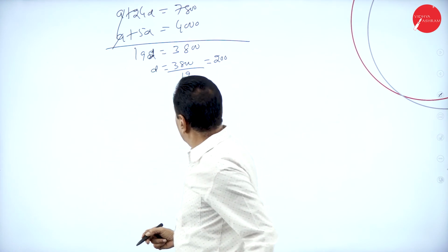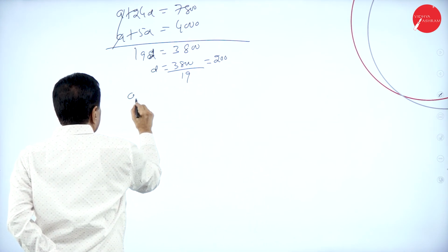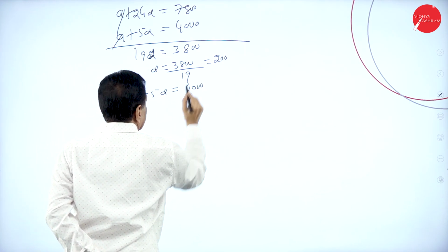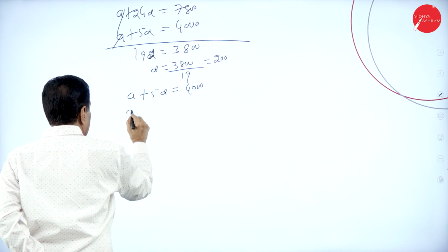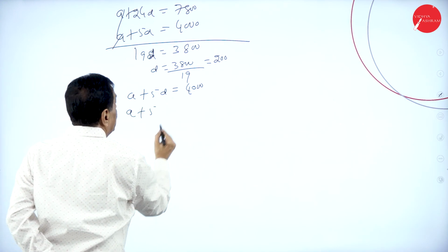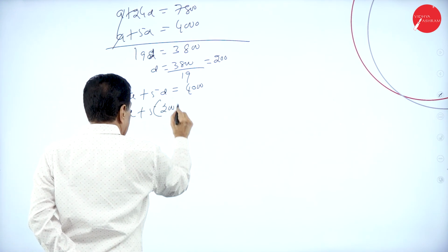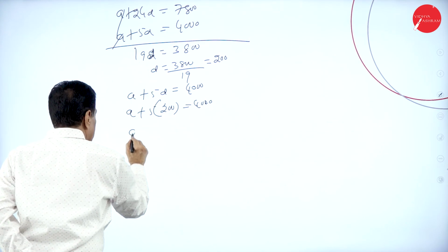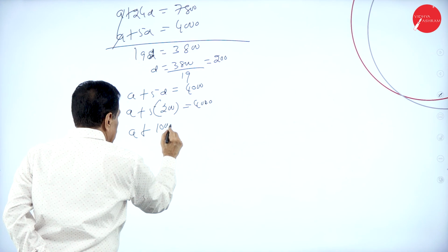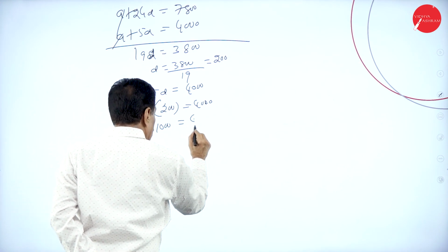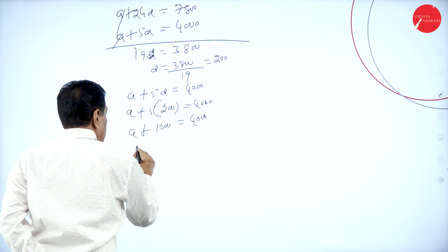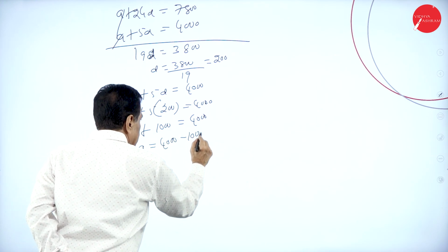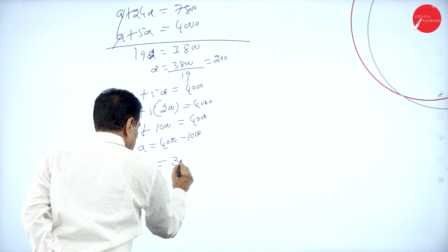Take one equation, a plus 5d is equal to 4,000. 5 into d, which is 200, is 1,000. So a plus 1,000 is equal to 4,000. A is equal to 4,000 minus 1,000, which is 3,000.